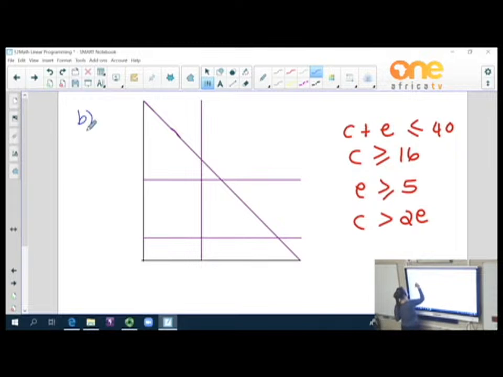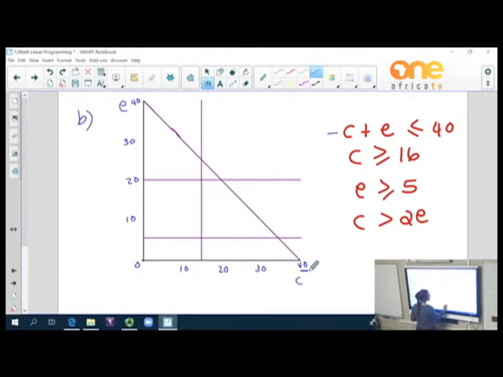So for number B, I've got electrical goods and I've got cars. My axis is 10, 20, 30, and 40. On this side as well, 10, 20, 30, and 40. Obviously, you can have other axes. So the first one, C plus E is less than or equal to 40.